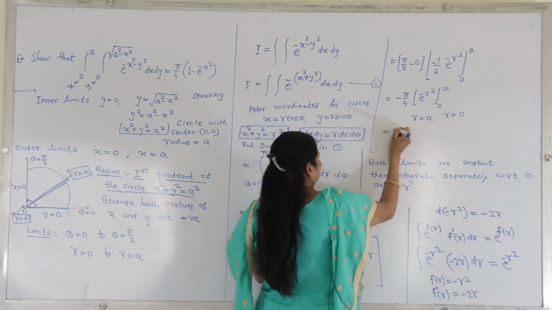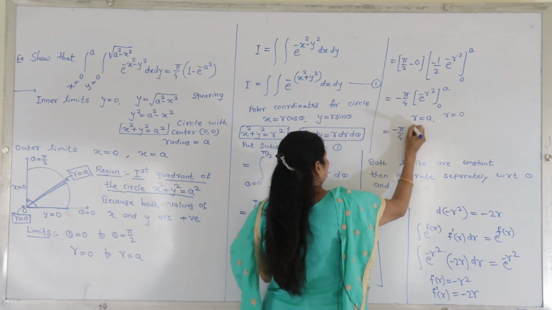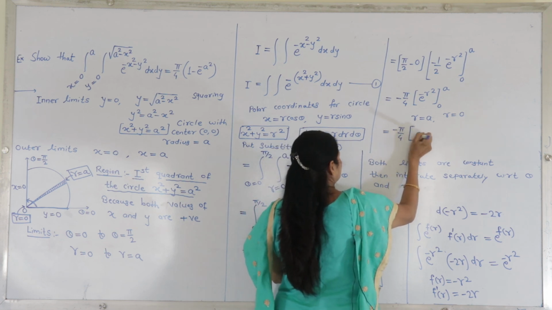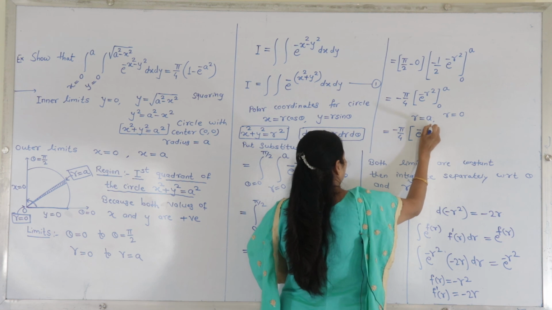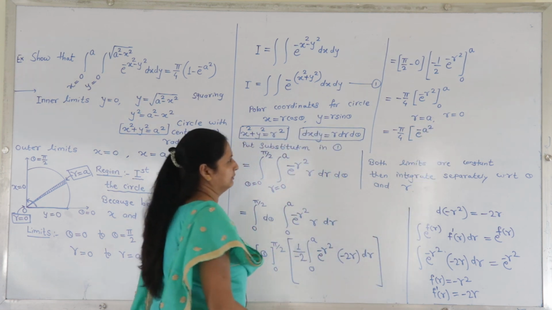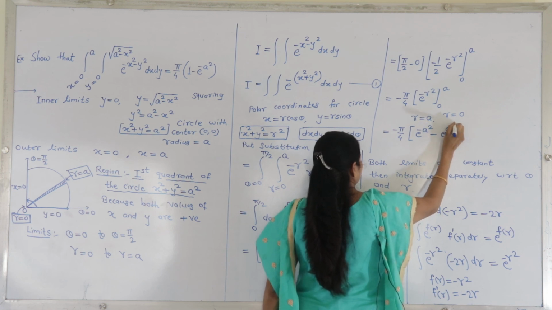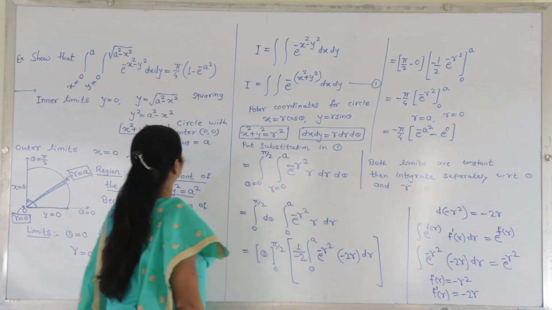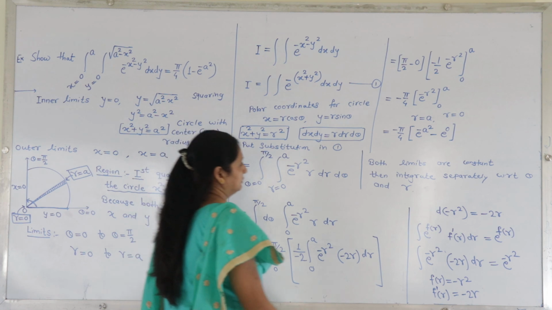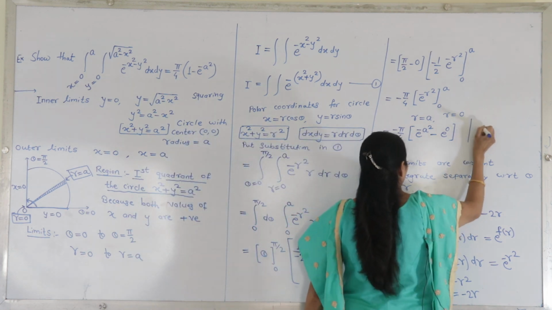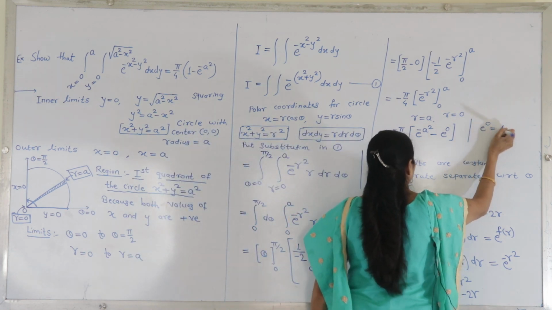Minus pi by 4 into upper limit r equal to a, e raised to minus a square, minus lower limit e raised to minus 0, means e raised to 0 is 1.